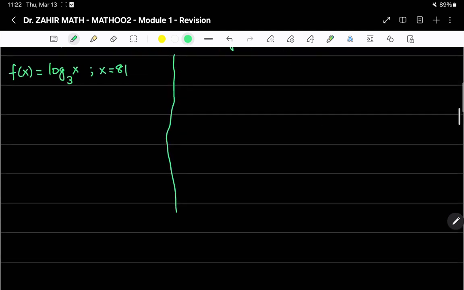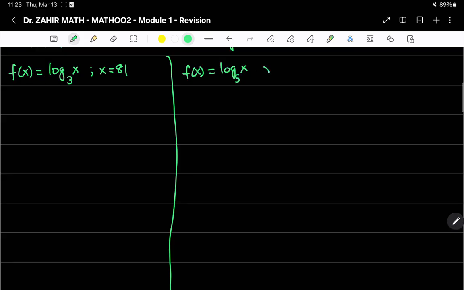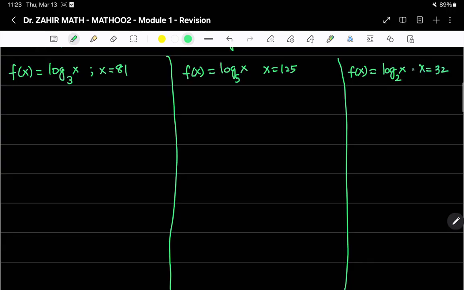Sorry, the line is not good, so let me make a straight line. Next question, f of x is equal to log x base 5 at x equal to 125. And then f of x is equal to log x base 2 at x equal to 32.